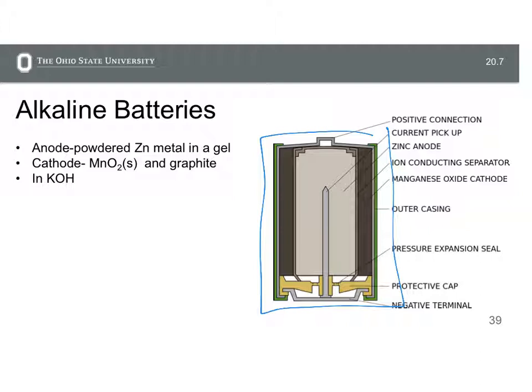Okay, so the darker gray area that I'm drawing on here, this is the manganese oxide. It's the cathode. So the cathode actually goes around the entire outer part of the battery, and the anode is in here.